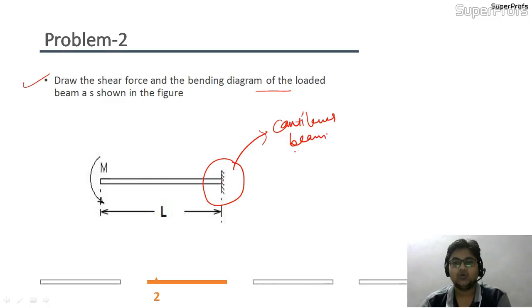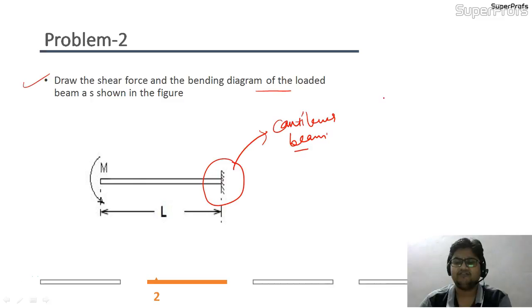Now in this cantilever beam, there is no point load. What is given is a concentrated moment at the free end. You can recall the types of loads that we studied, that we can provide a concentrated moment at the free end. And you have to draw the shear force diagram and the bending moment diagram.